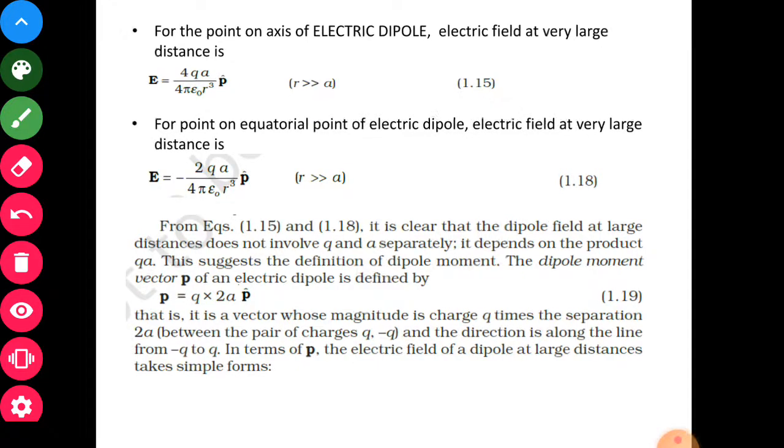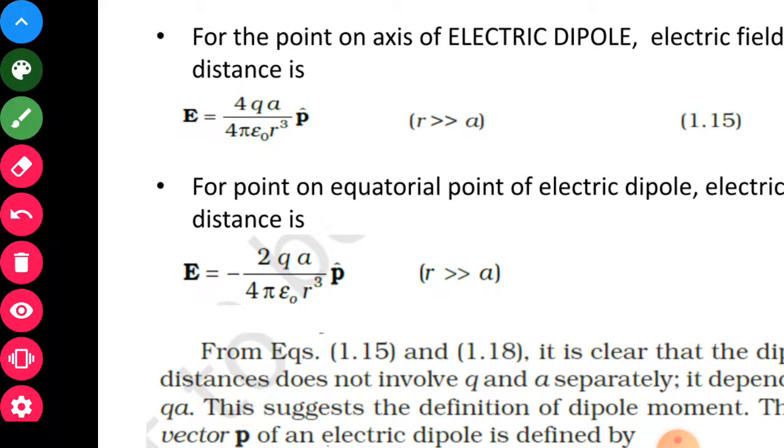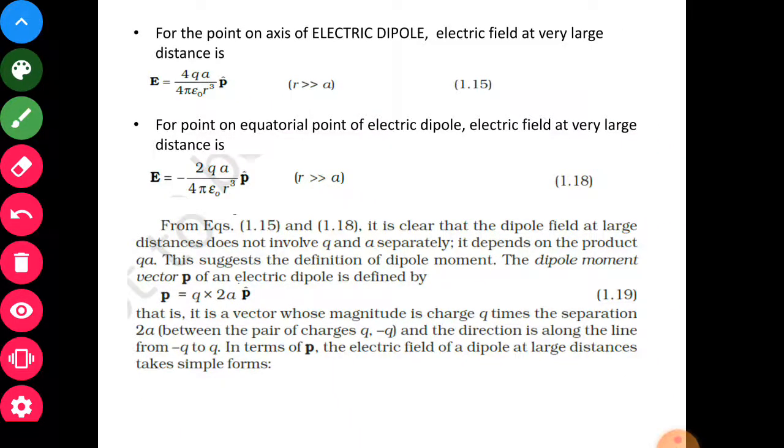So at a large distance, the electric field produced is a product of q into a. It depends on the product of qa. This suggests the definition of dipole moment, which we have already defined.